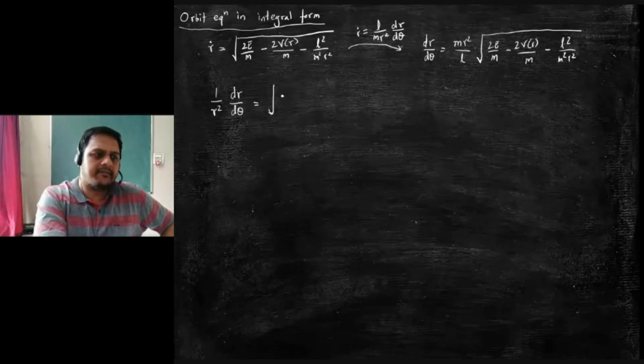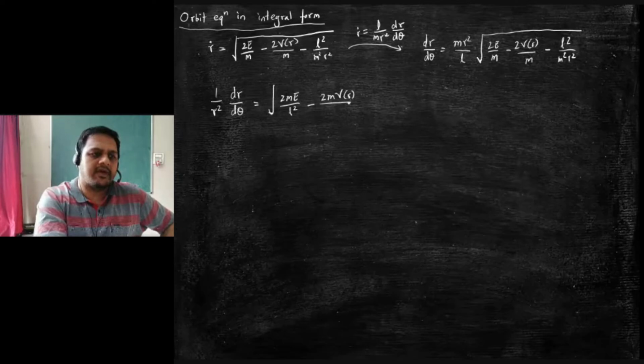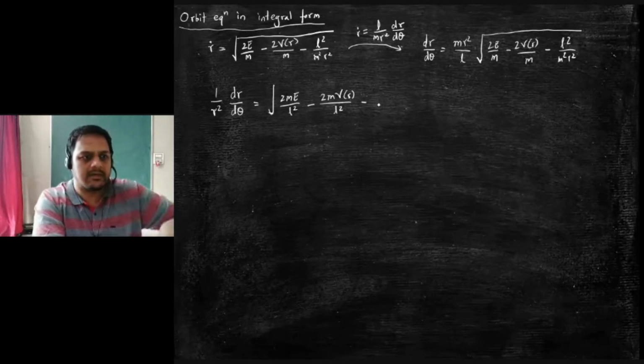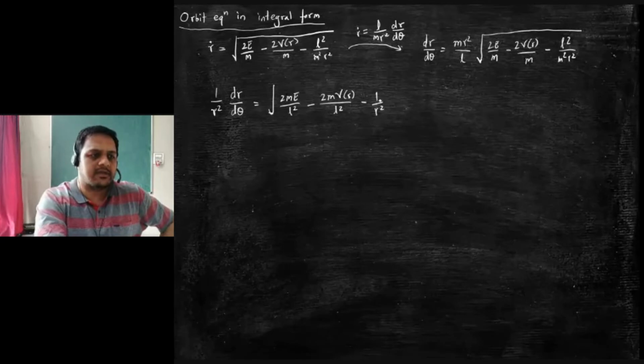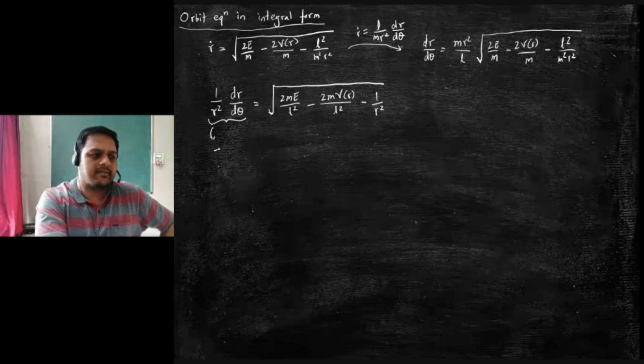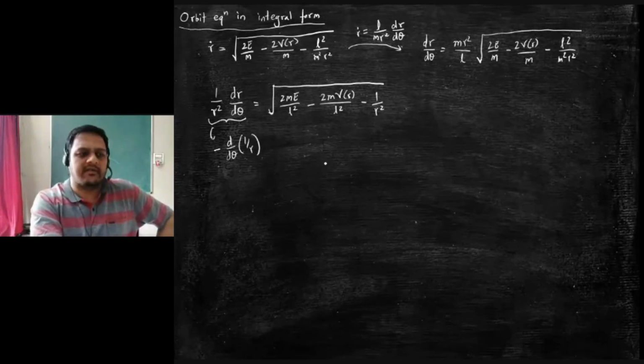What will you get? 2m e by L square minus 2m v of r by L square minus 1 by r square. What is 1 by r square dr by d theta? It is minus of d by d theta of 1 by r.